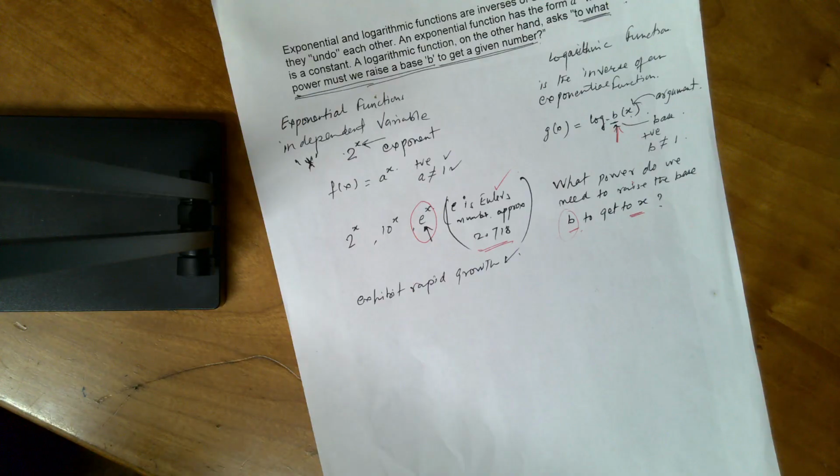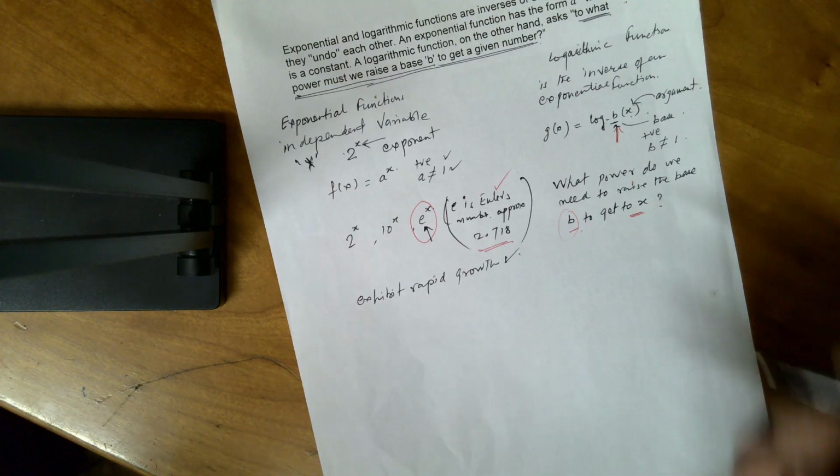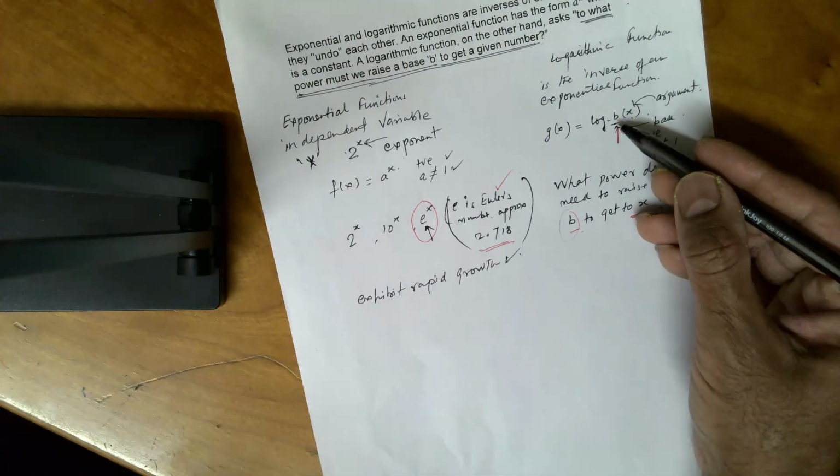The growth of the logarithm function is much slower than the exponential function, especially when the base is small.